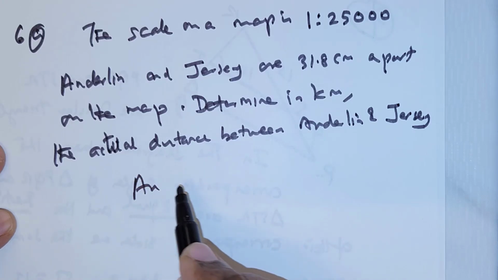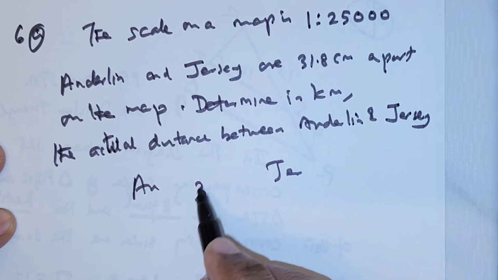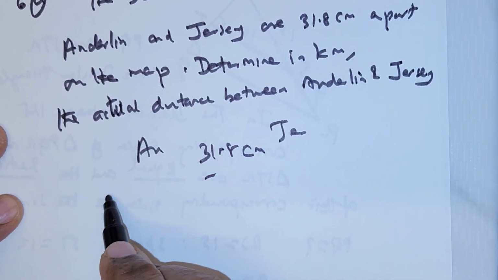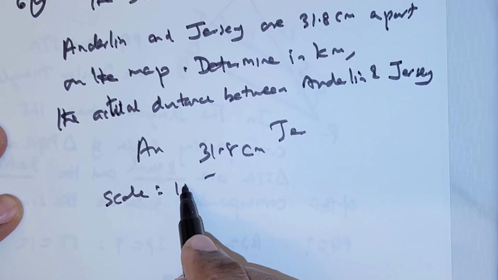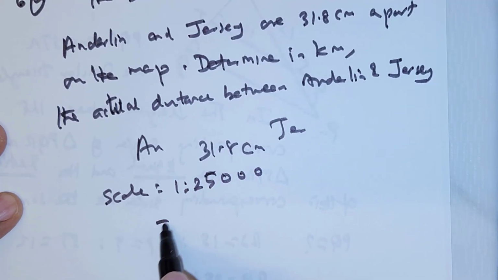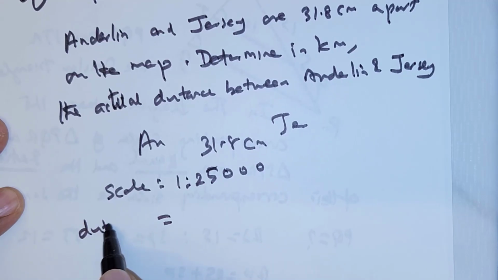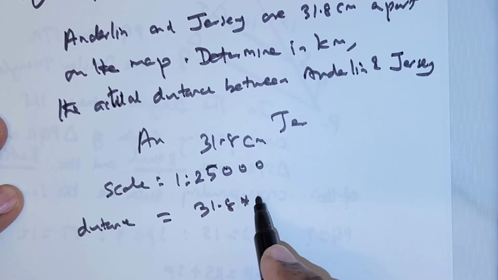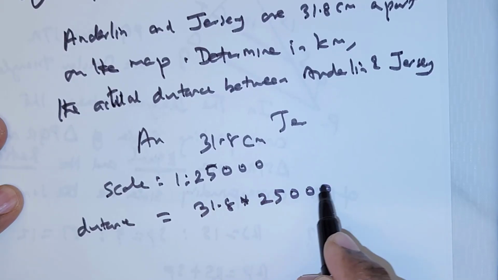So Anderlin and Jersey are 31.8 cm apart on the map. Now the scale is given as 1:2500. So therefore the distance is 31.8 multiplied with 2500.